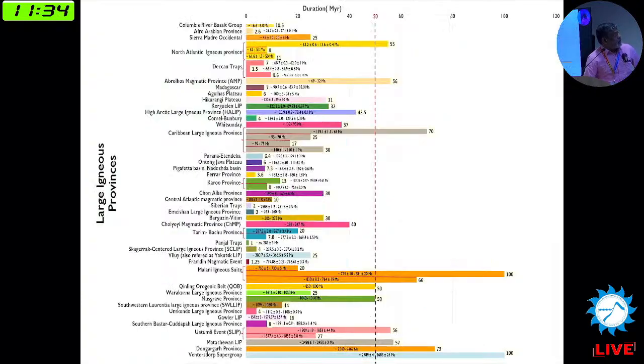Now, we are compiling this global data set, and we are now thinking that the LIPs could last a maximum of about 50 million years. But irrespective of the composition of the LIPs, if we plot globally, then we see that most of the cases are probably within 50 million years, but there are also some cases which extend beyond it. And even some mafic LIPs are also there in this plot.